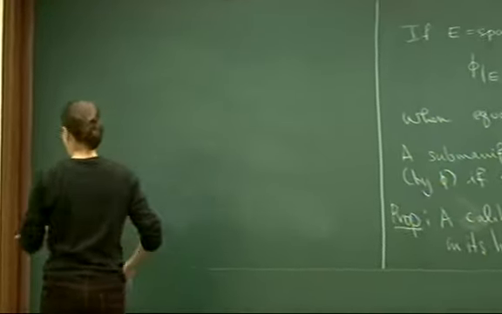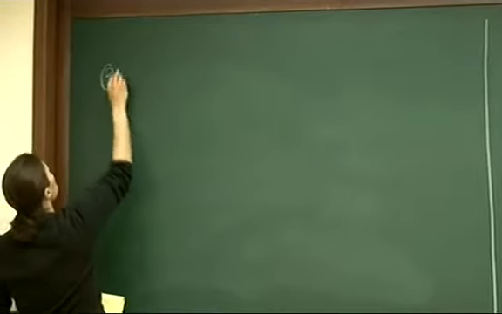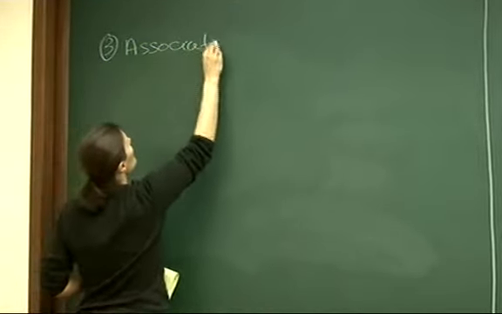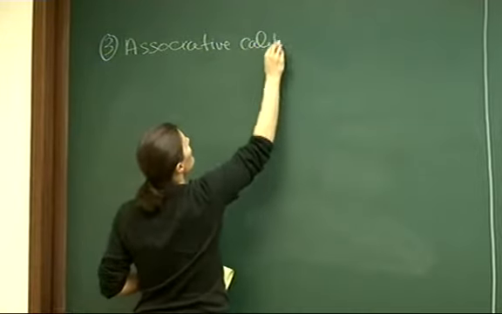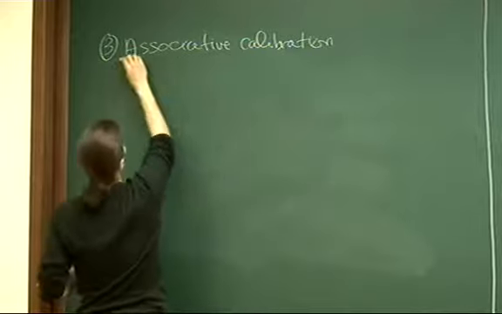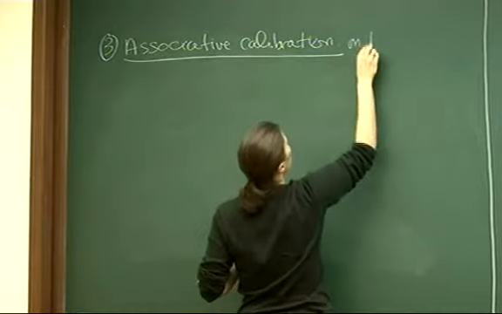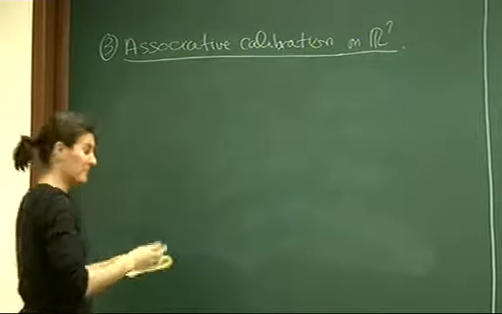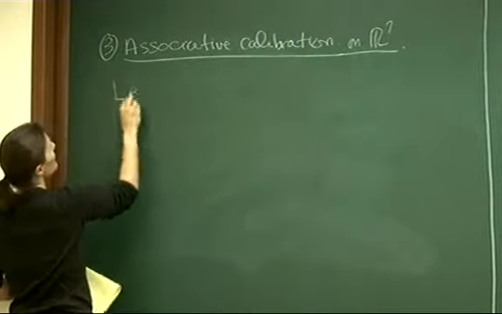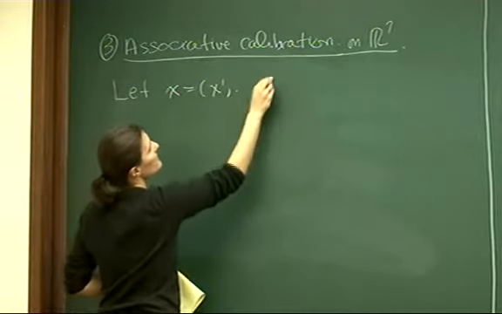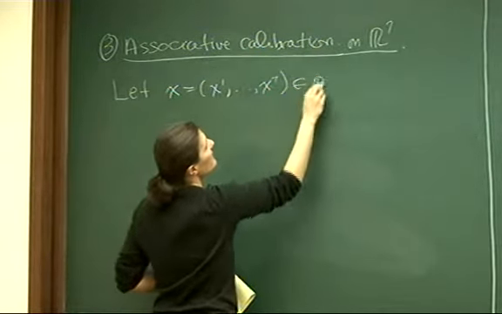All right. So let me specify the associative calibration. We'll start on my favorite G2 manifold, which is Euclidean R7. So let x be the usual Cartesian coordinates on R7.